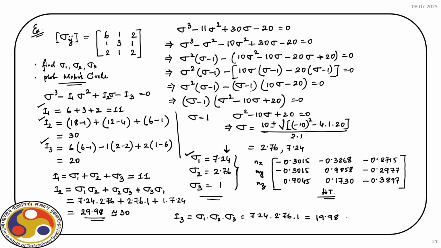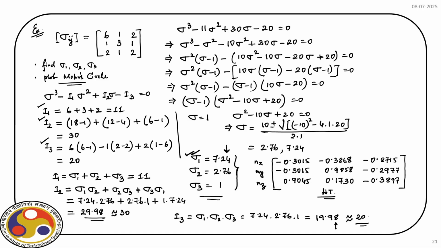Again, because of truncation, we have small error here, but otherwise it is very close to 20. So, we also cross verify the stress invariants once we get the principal stresses.